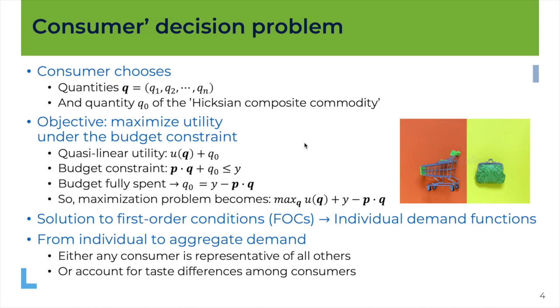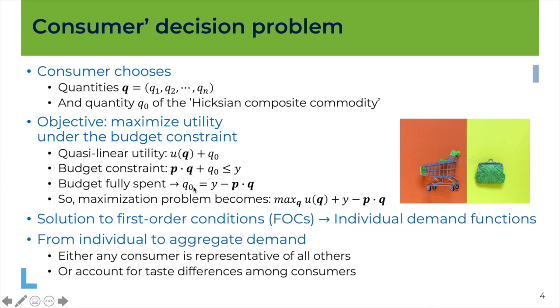Okay, so P times Q, that's the total spending on vegetables, plus Q0, the total spending on the composite good, or the other goods, if you want. Okay, and this total spending cannot be larger than your budget Y. Well, as you're maximizing, you want to go up to the limit of your budget, so this constraint is going to hold with equality.